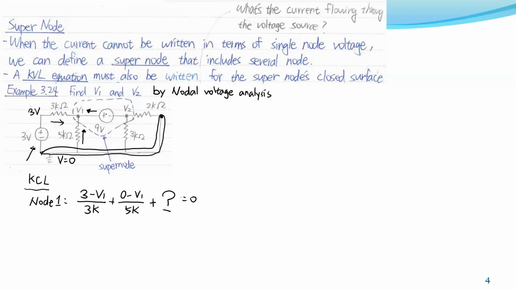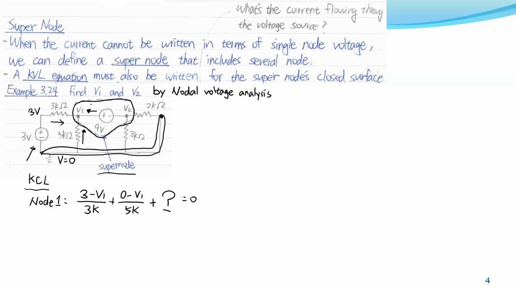So if there's a voltage source, we need to avoid defining the current flowing out from this voltage source. The way to avoid this is to define this whole thing, V1, V2, and the voltage source, as a supernode. We just look at it as a node.